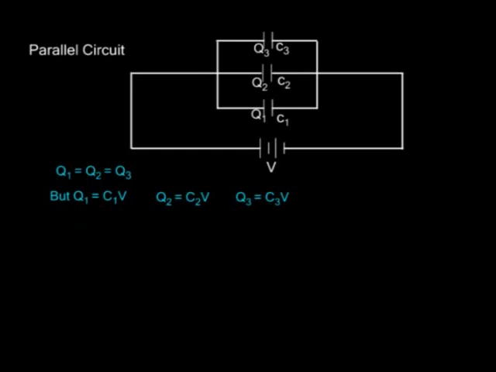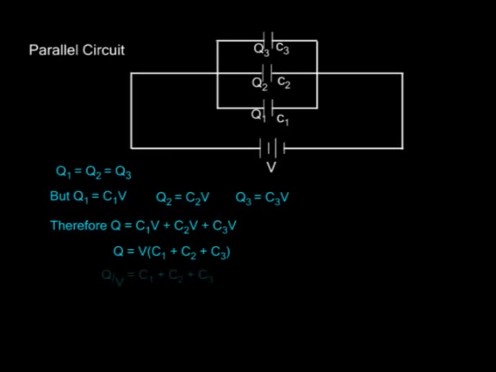So therefore, Q is equal to C1 times V plus C2 times V plus C3 times V. Now if I factorize the right hand side, we shall have Q is equal to V into C1 plus C2 plus C3. Then I divide both sides by V, we shall have Q over V is equal to C1 plus C2 plus C3.